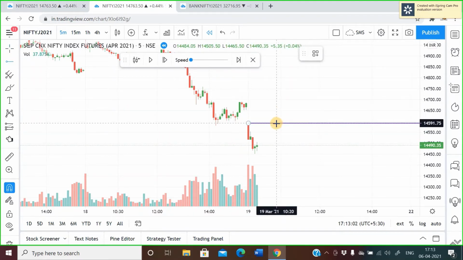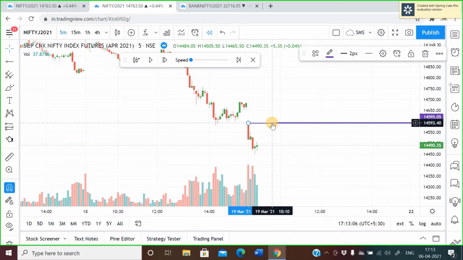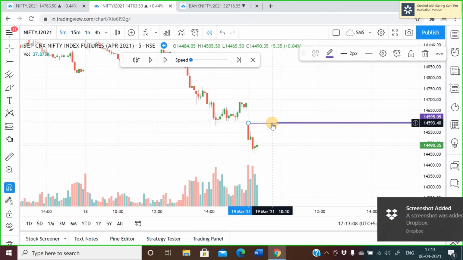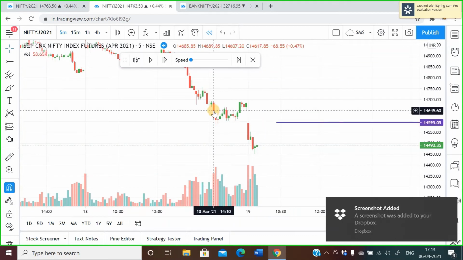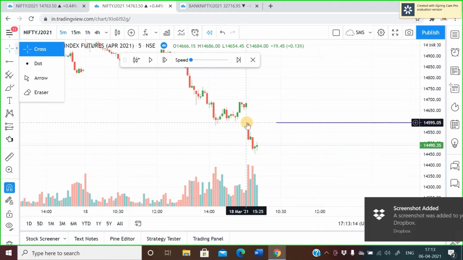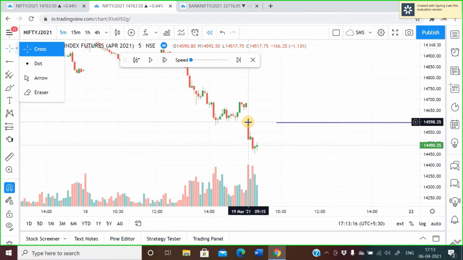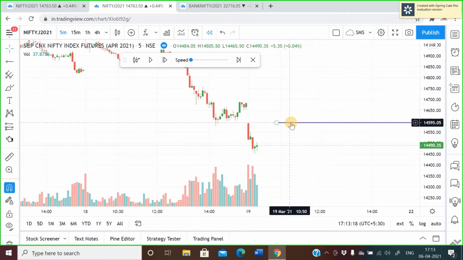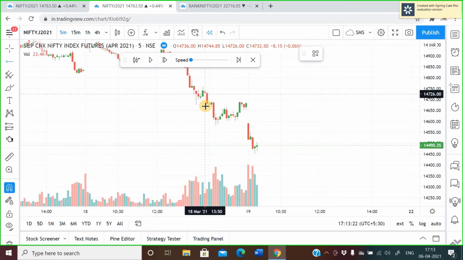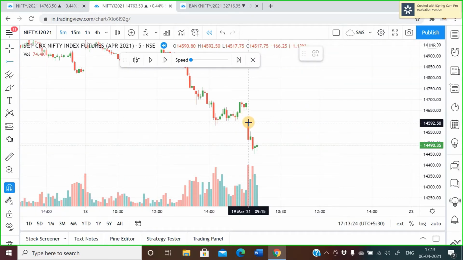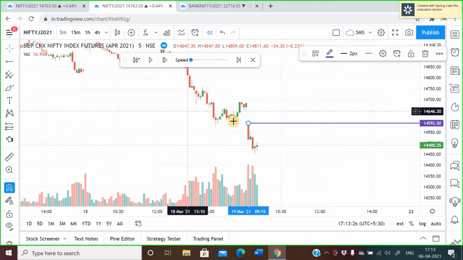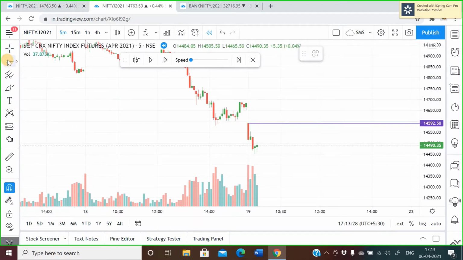Just a minute, I think I have not marked it correctly. So I'm just going to mark the first. This is the high, and this is the first 15-minute low.